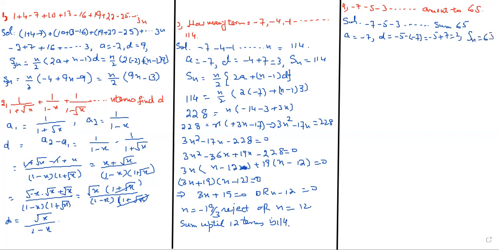Right? The same procedure, the same question. So we have, using the formula, Sn equals n over 2 into (2a plus (n minus 1) times d). So 65 equals n over 2 times (2 times minus 7 plus (n minus 1) times 2).